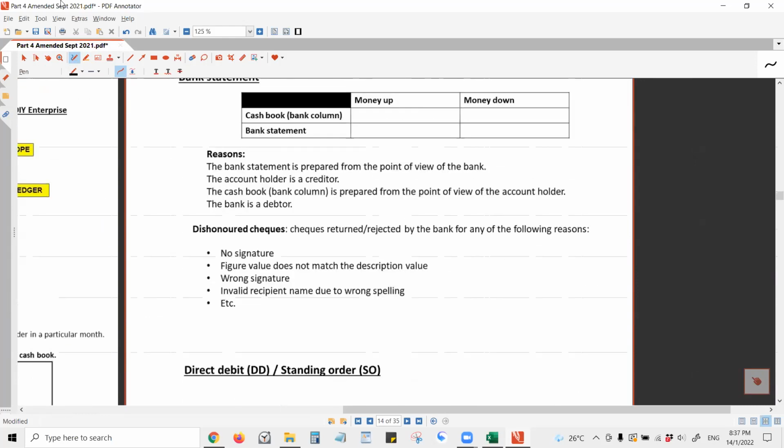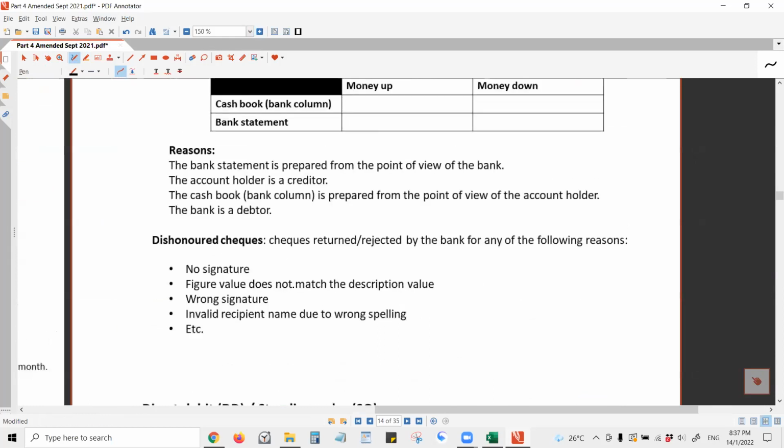Let's go through a bit of the notes here about dishonored checks. You see the explanation here. Checks are rejected by the bank for any of the following reasons. The check must have had some problem. Therefore, the bank rejected the check.